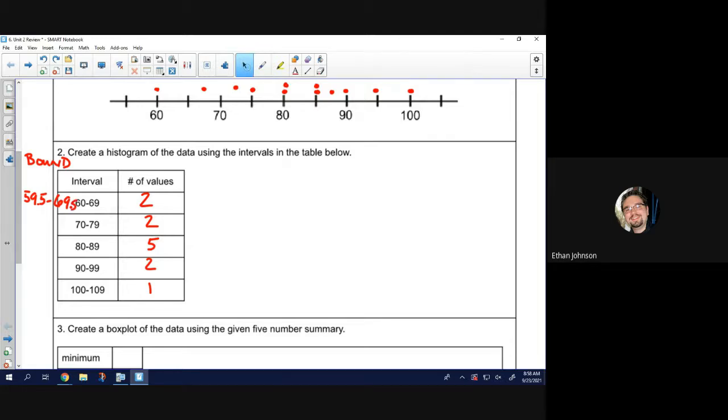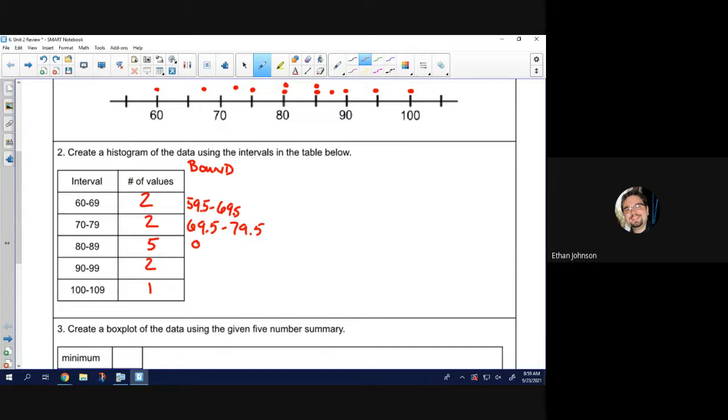I will move this over here so we can see it a little bit better. The 70 to 79 becomes 69.5 to 79.5.